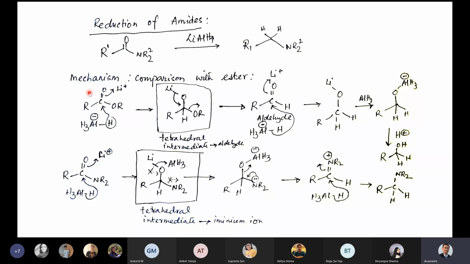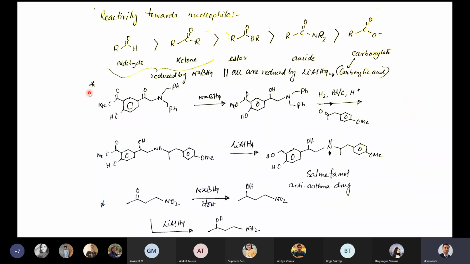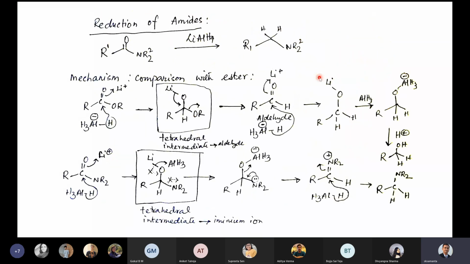As I said in the last slide, esters are reduced by lithium aluminum hydride. You know that already. Now I say that amides are also reduced by lithium aluminum hydride, but the mechanism of the reduction is not the same. It is different, and that will give you some crucial clue also.